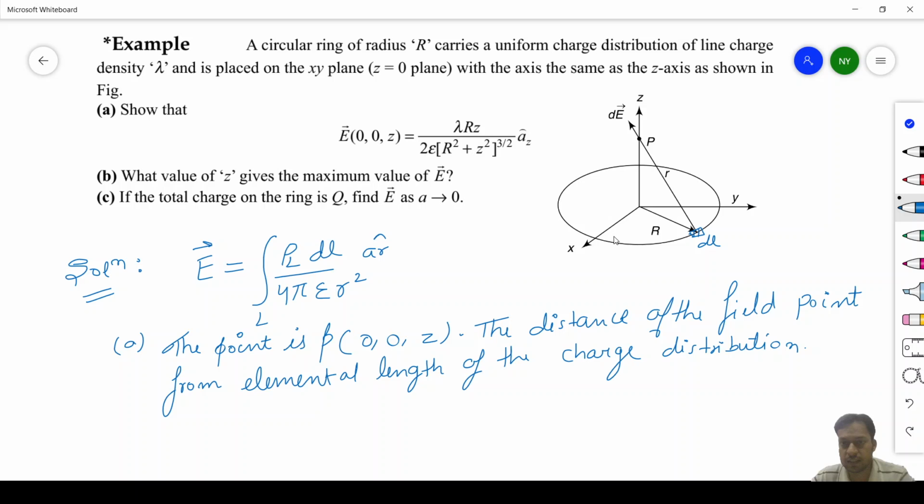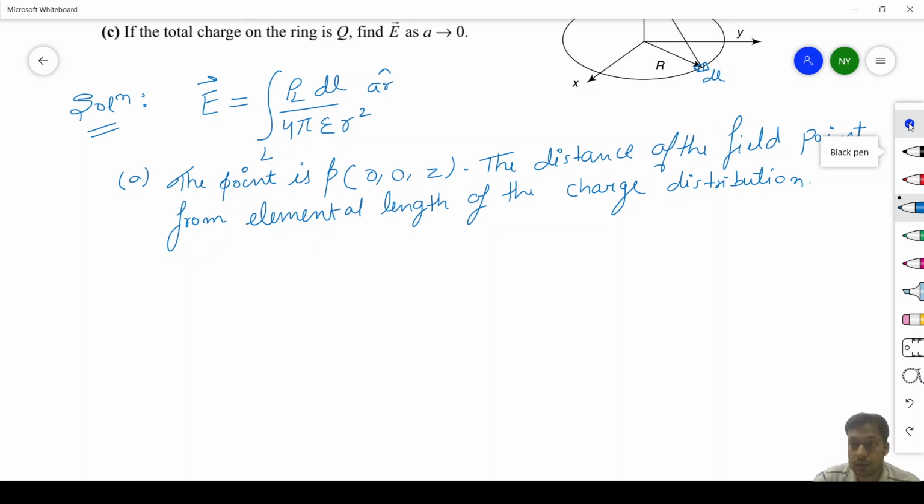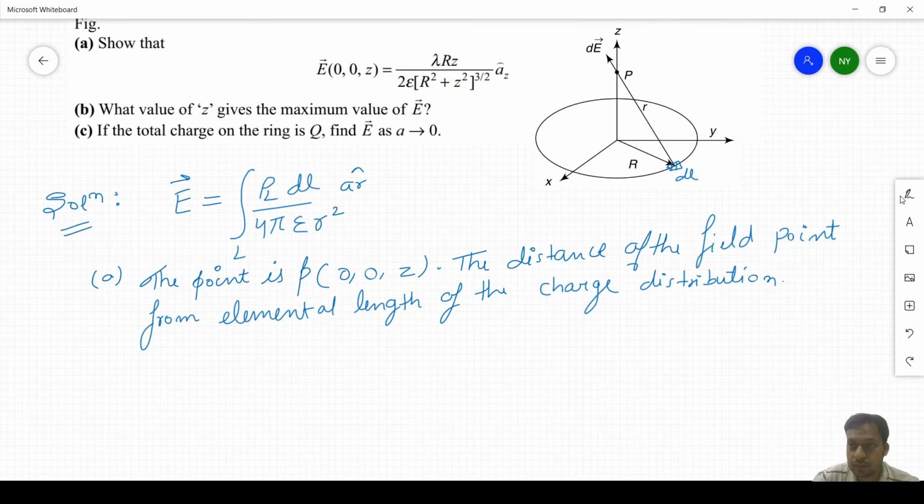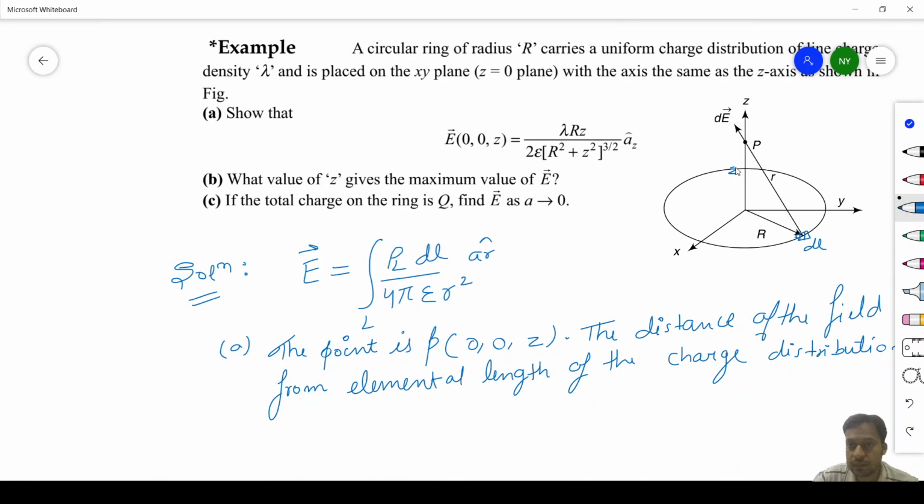So here we will first write the r in terms of this distance z and this capital distance R, radius.